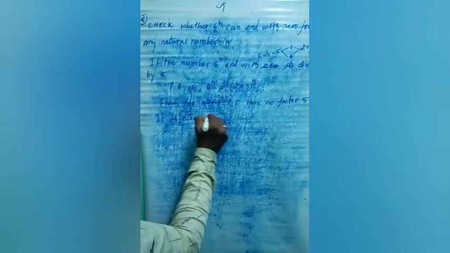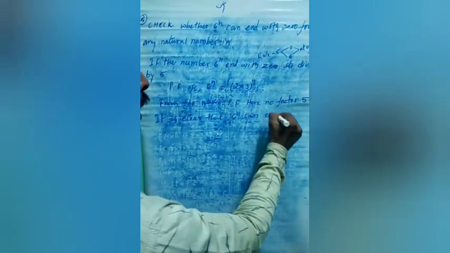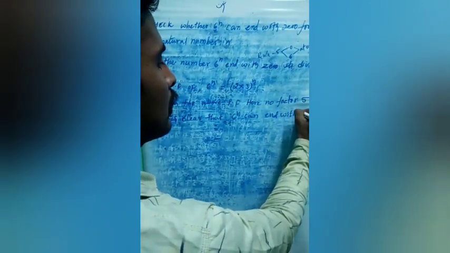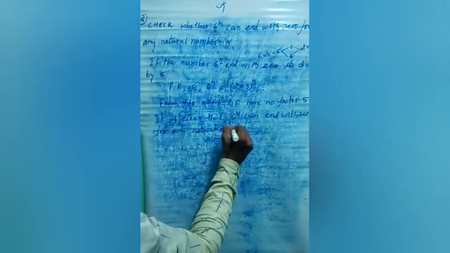So it is clear that 6 to the power of n cannot end with 0 for any natural number n.